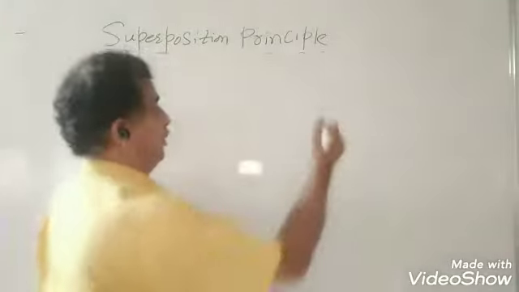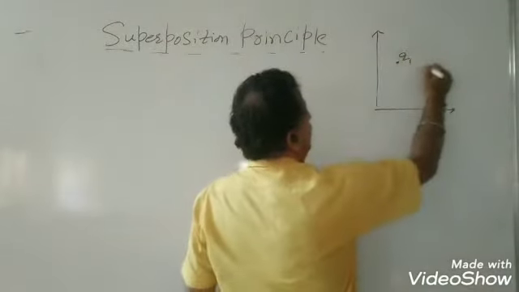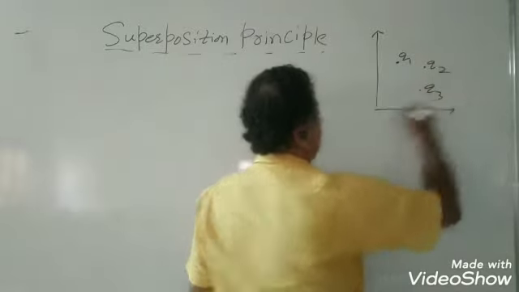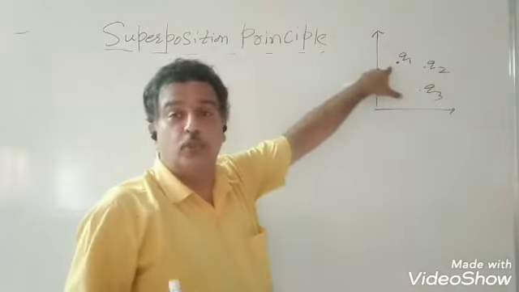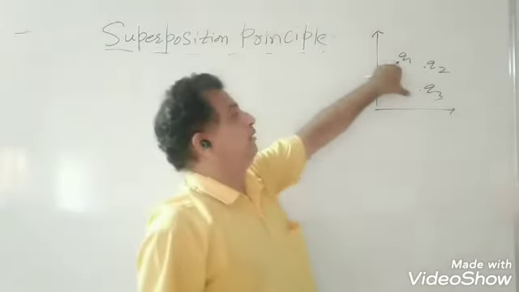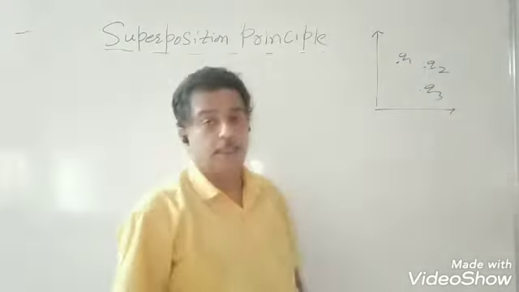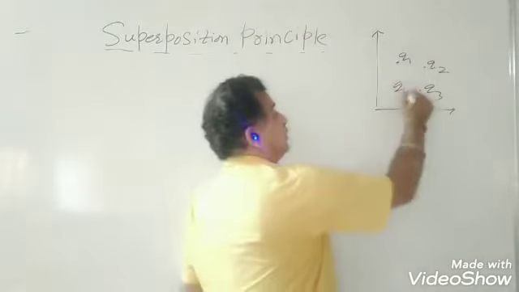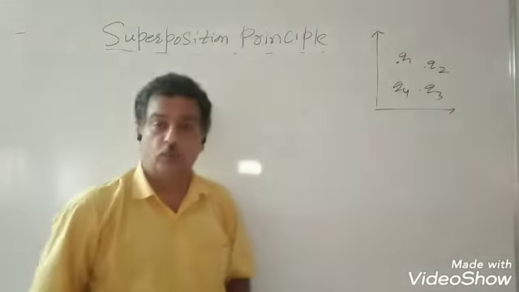Suppose I take 3 charges, say Q1, Q2, Q3. Now on Q1 there will be two forces acting on it: the force on 1 due to 2, and the force on 1 due to 3. Similarly, if I have 4 charges in a system, 3 forces will act on Q1.